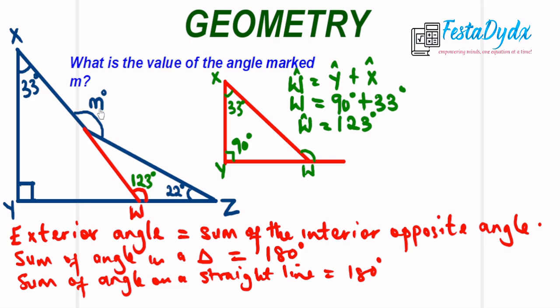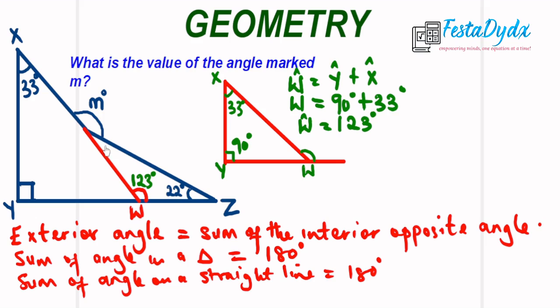Now I'll allow us to focus on the main question, which is to look for the angle M. So let's focus on the right hand side of this shape. We've gotten our W, we have Z. Now we are looking for M degrees. There are two ways we can look for this M. We can decide to work with the sum of angles in a triangle. Since we have an obtuse angle triangle, we've gotten W, we have Z. When we add it together and subtract from 180, because the sum of angles in a triangle is 180 degrees, we'll be able to get this part.